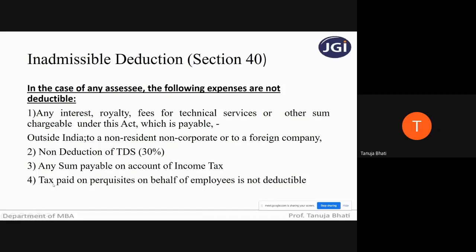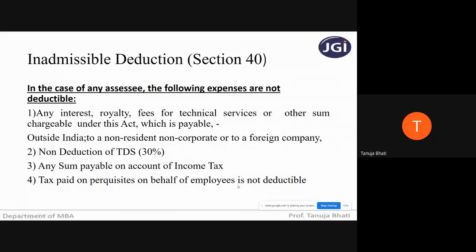Next, tax paid on perquisites on behalf of the employees is not deductible. Suppose tax is paid by the employer on non-monetary perquisites which it is providing to its employees, which is exempt under section 10(10) in the hands of the employee.